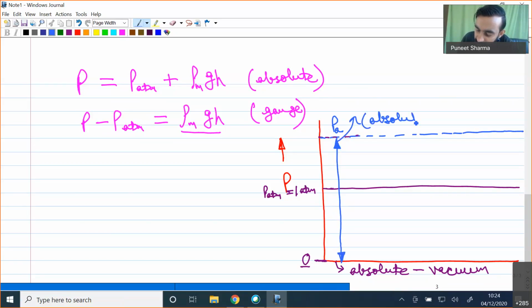Another thing: if I consider 1 atmosphere as my reference pressure, and I measure the same value of pressure but now take my reference as this atmospheric line, then whatever value of pressure I get is called our gauge pressure.